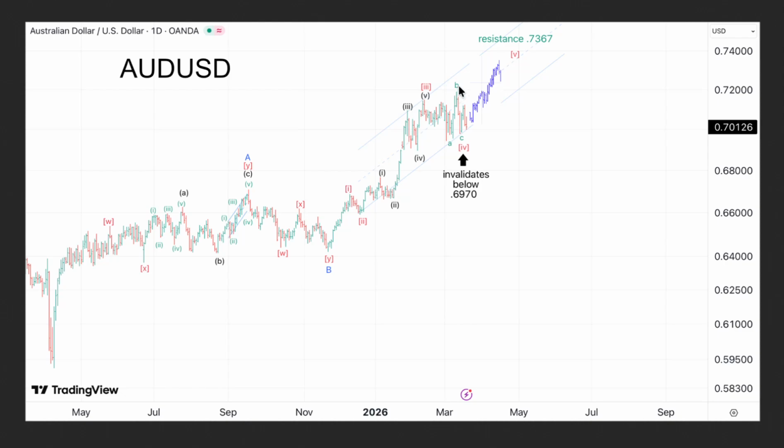Unorthodox means if its B wave travels higher than the start of its A wave, it's considered unorthodox. So we have an unorthodox flat, which makes sense because this C wave right here looks like a 5-wave sequence, which can mean multiple things.